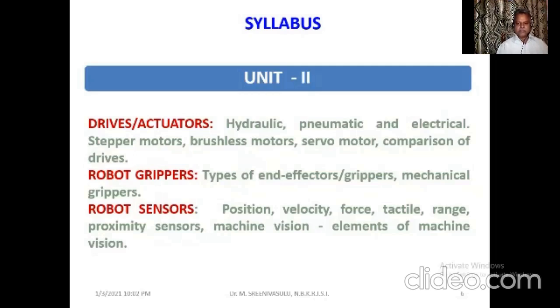And in between, if you have some obstructions, maybe a proximity sensor will sense, when the movement is on, whether the end effector is close to the object it needs to pick up or not. Such kinds of information are going to be dealt under the topics covered under Unit 2.